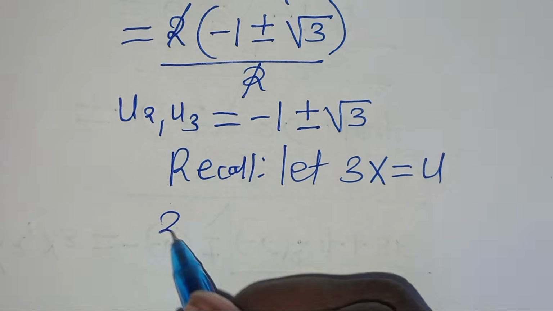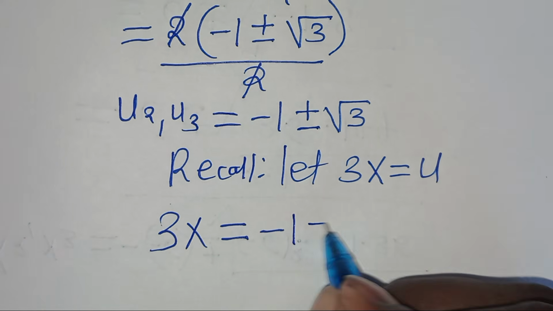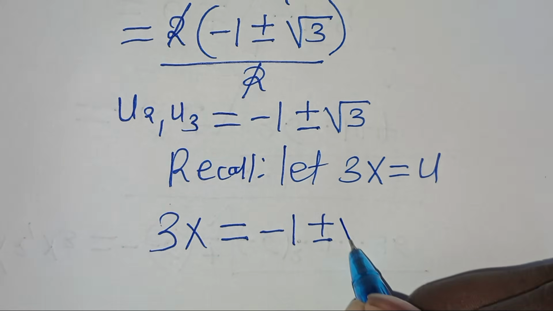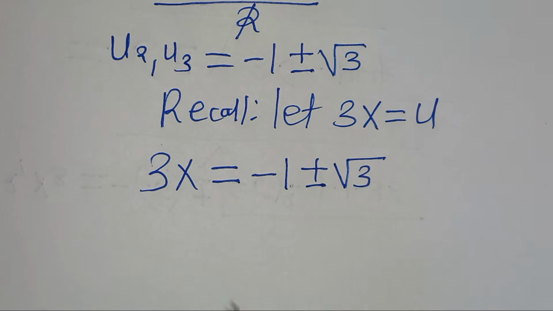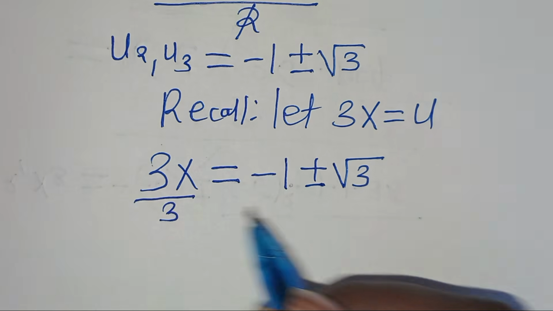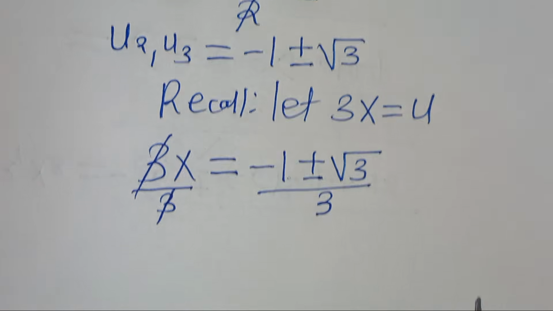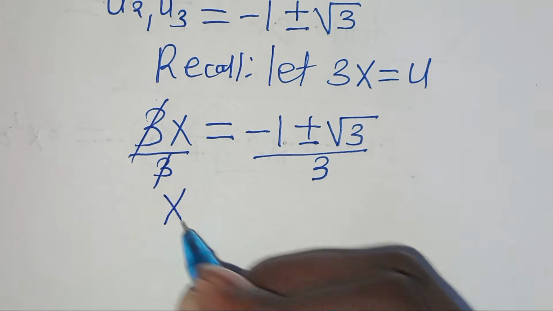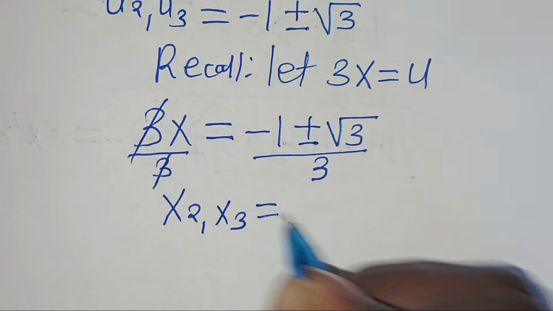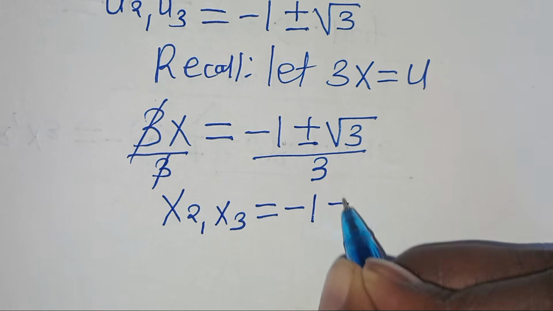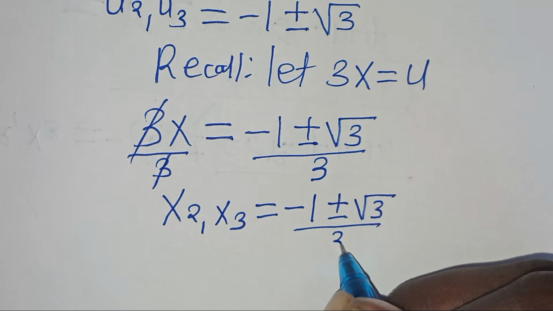So now we have 3x equal to negative 1 plus or minus the square root of 3. So let's divide both sides by 3. And this is to mean that x2, x3 is equal to negative 1 plus or minus square root of 3 divided by 3.